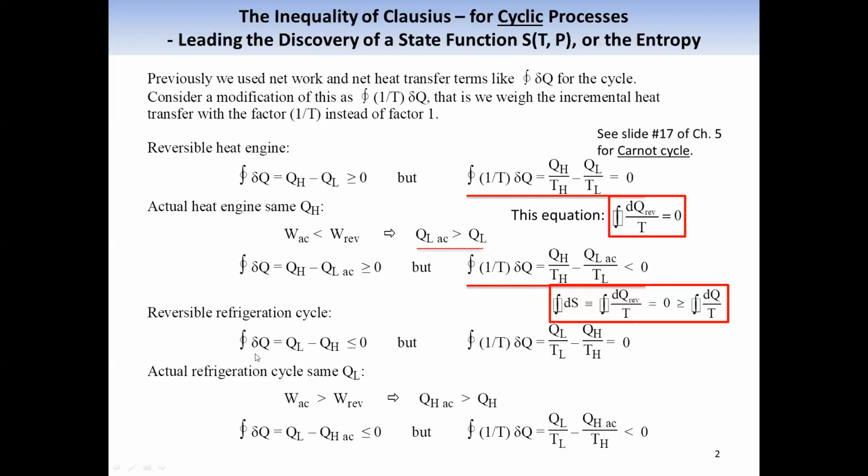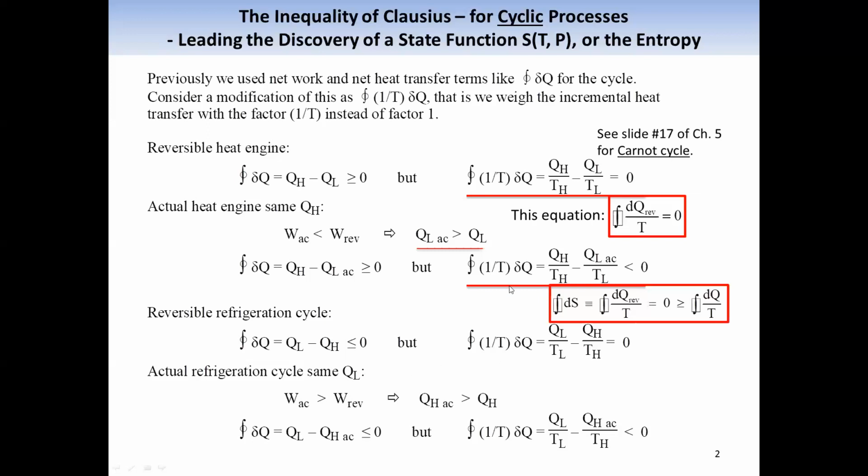Integral of dq when the fluid made a complete cycle in the refrigeration cycle, QL minus QH is going to be smaller than 0 because QH includes the work done on the fluid.